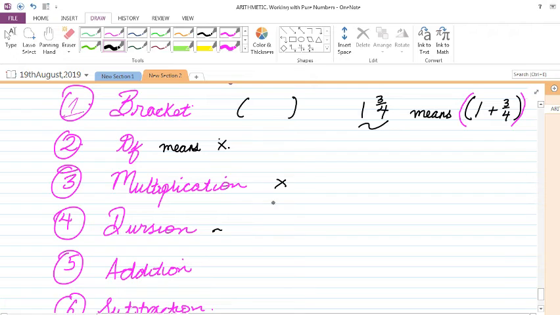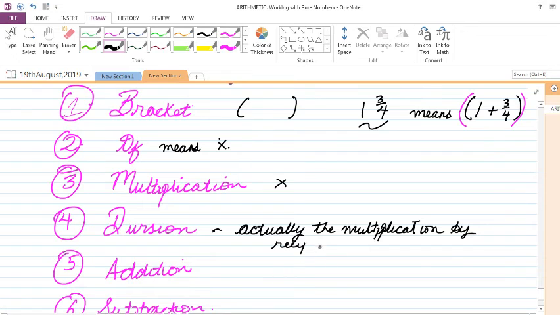Division actually is the multiplication by the reciprocal of the divisor.